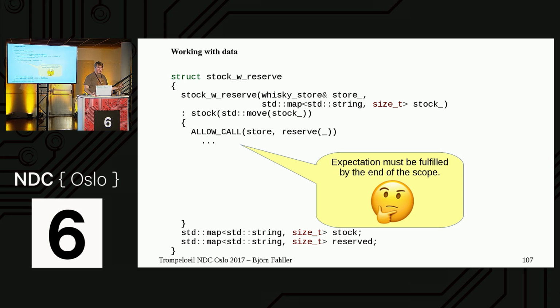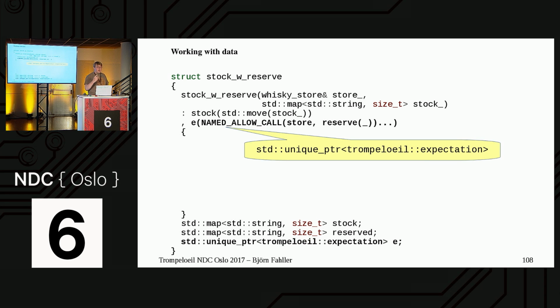We don't have much use for that. There is named allow call. Named allow call gives a unique pointer to a Trompeloeil expectation. So now we can bind that expectation to something, in this case a member variable E at the bottom. So now this expectation stays alive as long as our stock with reserve object is alive.